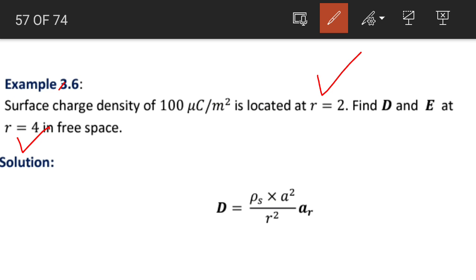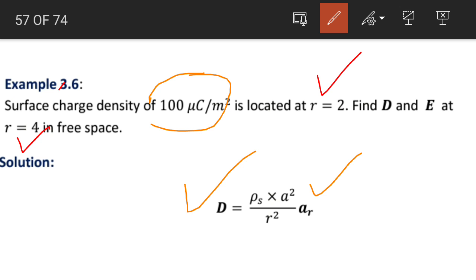We know that if the point is located outside the source, then the electric flux density outside the spherical charge will be equal to rho s a square by r square into ar. And what is rho s? Rho s is 100 microcoulomb per square meter.